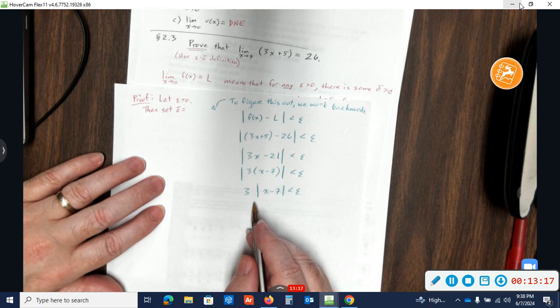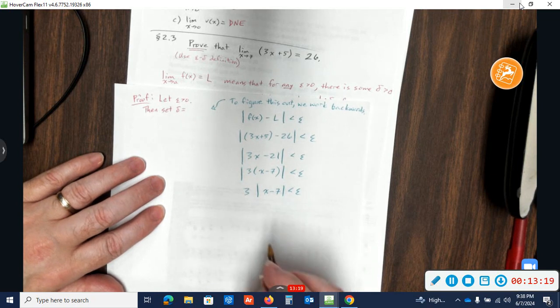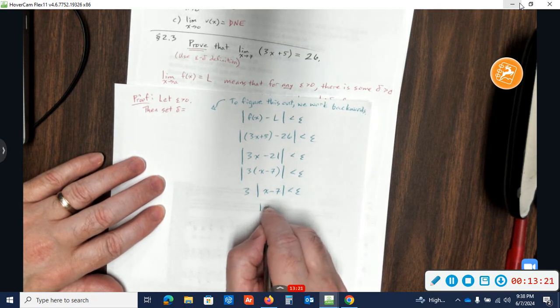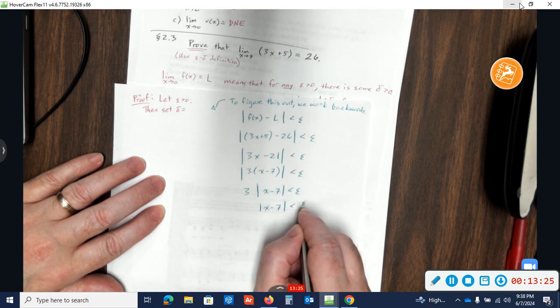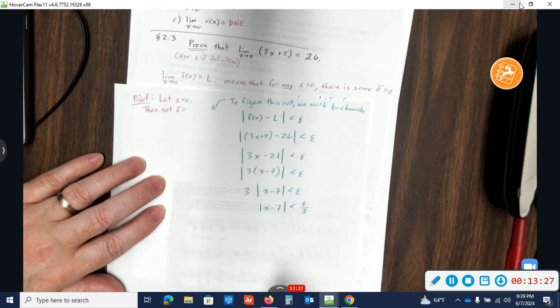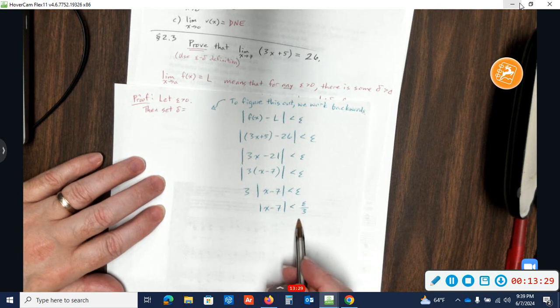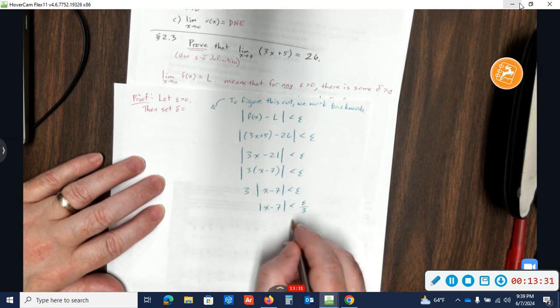And now I can see that if I divide each side by 3, this is the delta I need to use.